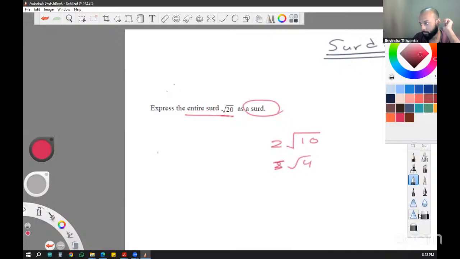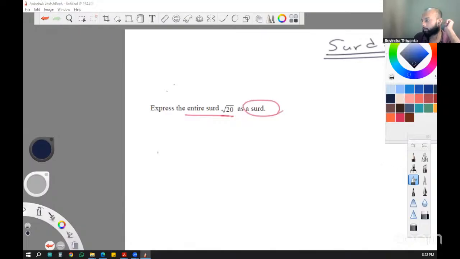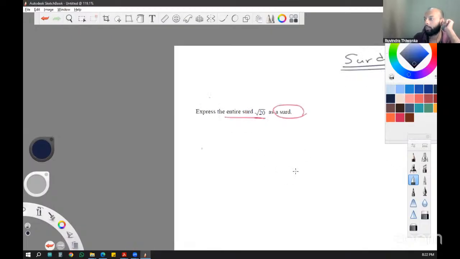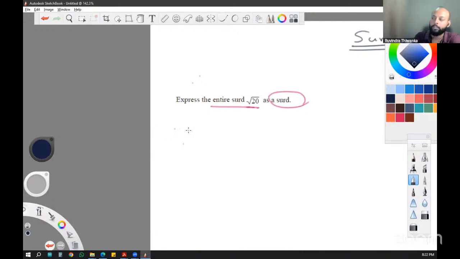Okay. So this you can't. 4 is a square number. So how do you do this? Here, first thing is you have to find the factors of 20.